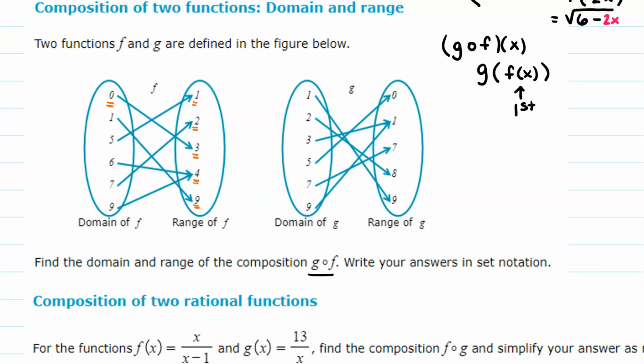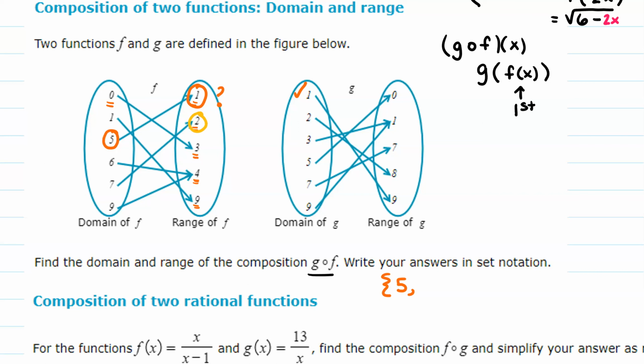Now, whatever we get has to go into the g function. So, can I put 1 in the g function? Yes, I can. So, since 1 is allowed in the g function, 5 is allowed in the domain of the composition. So, I'm going to put 5 in my domain. Now, let's see.